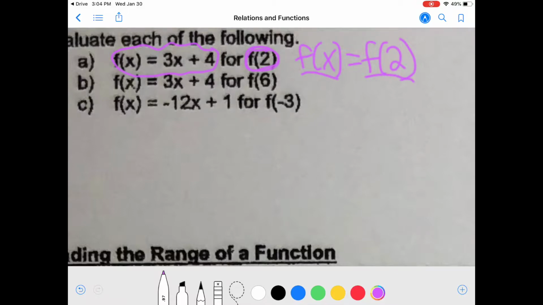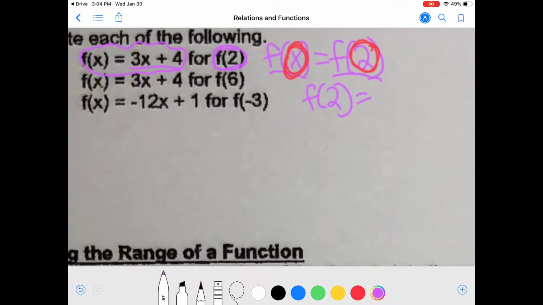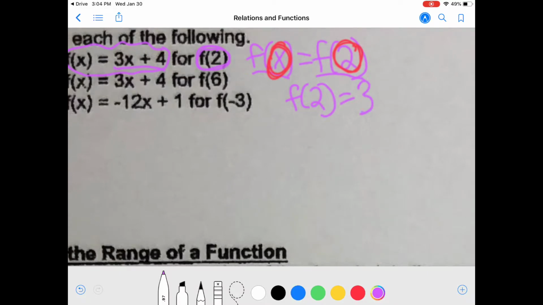I changed the x. The x was substituted by 2. So when I rewrite my equation, I write f of 2 equals still 3, but instead of an x, I substitute in that 2, plus 4.